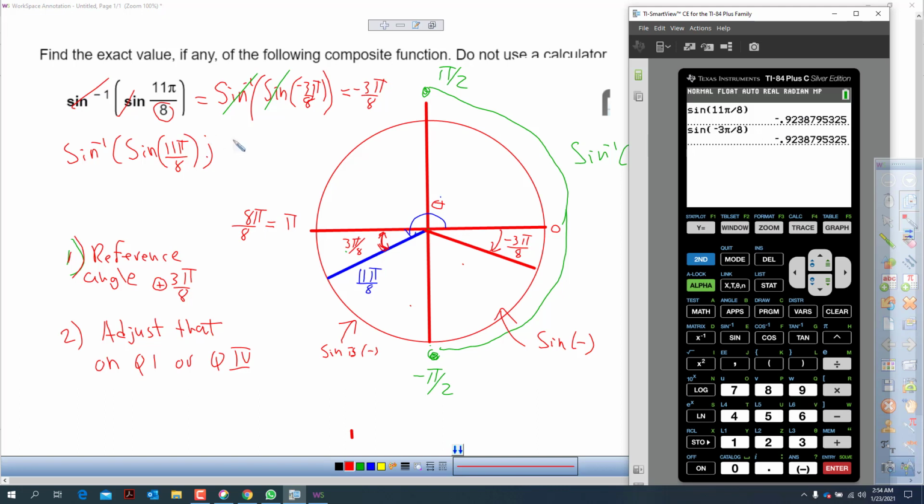So it is okay to replace negative 3 pi over 8 by 11 pi over 8.